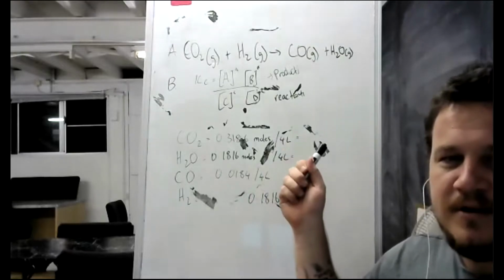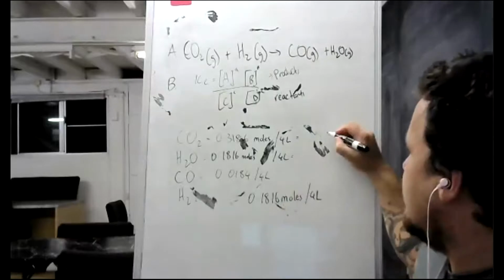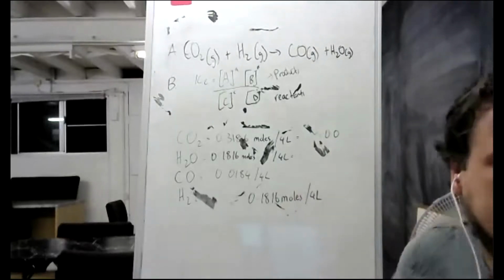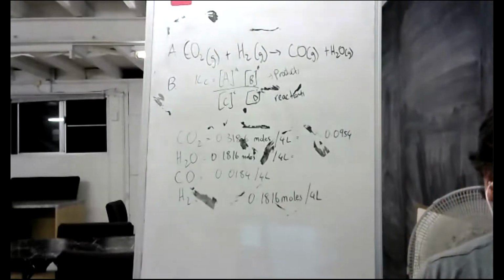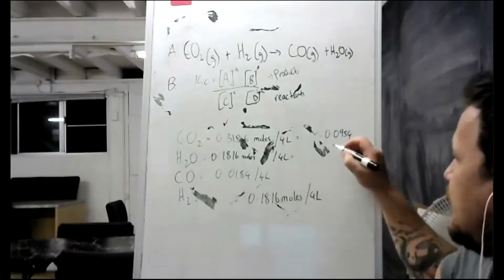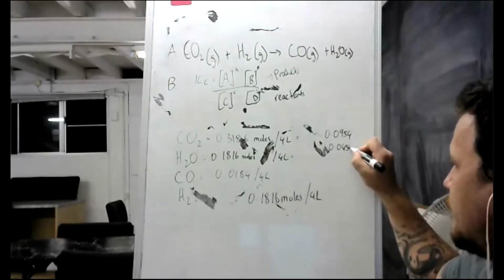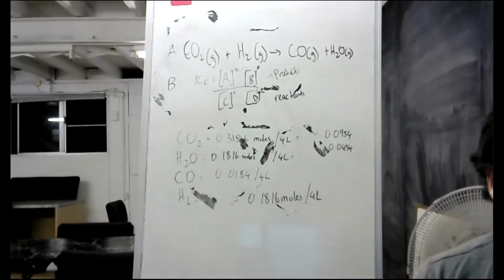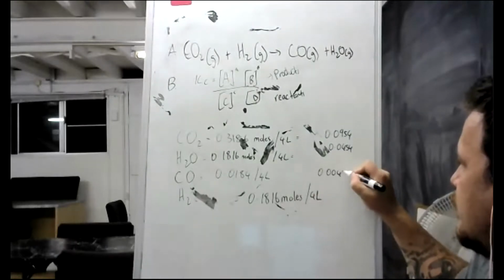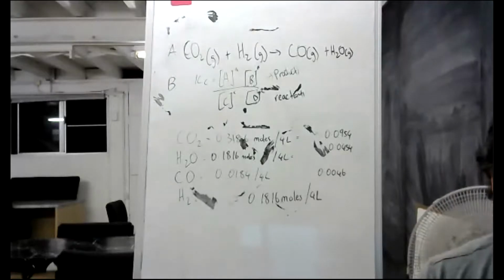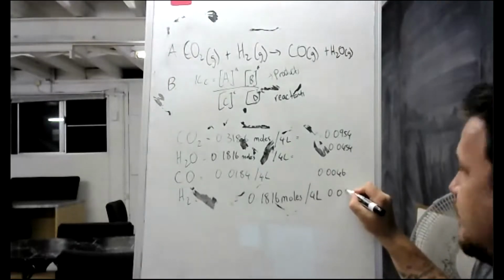So that gives us, I did these calculations earlier, 0.0954 moles per liter of carbon dioxide, 0.0454 for H2O. Carbon monoxide is 0.0046.